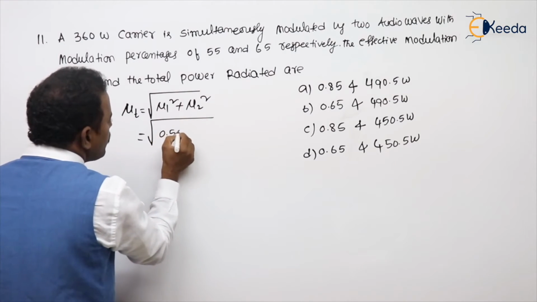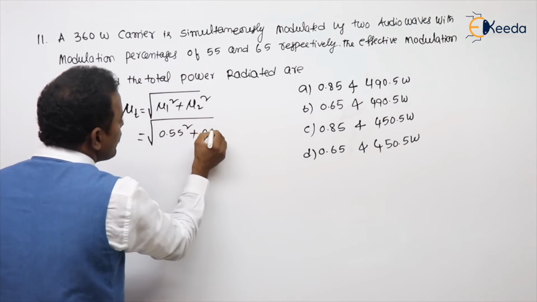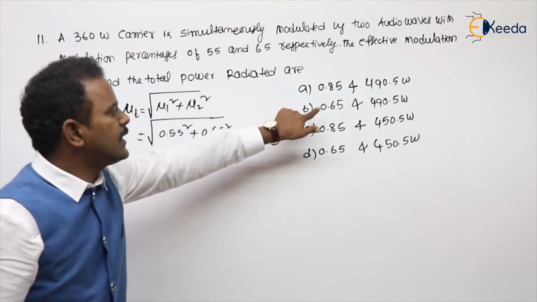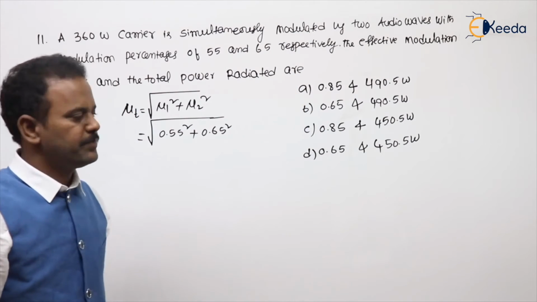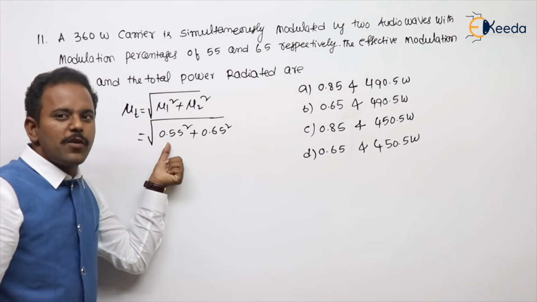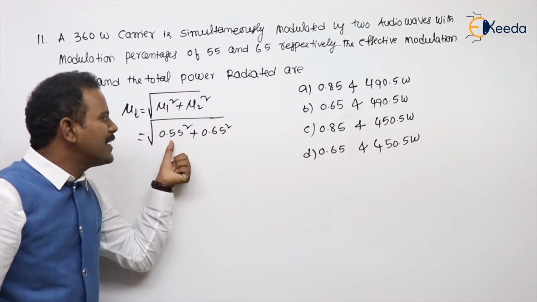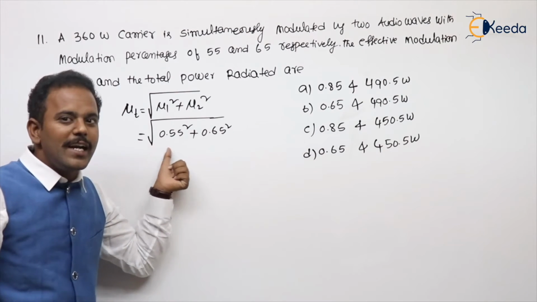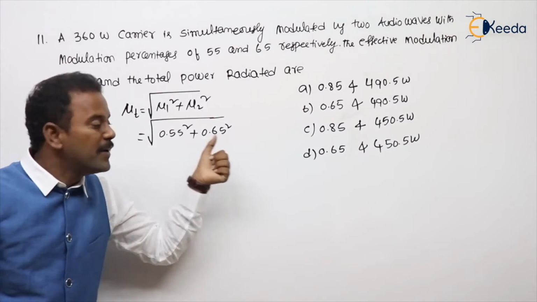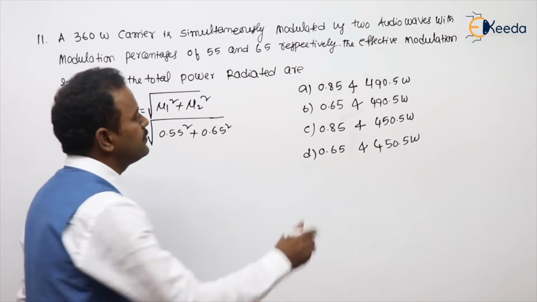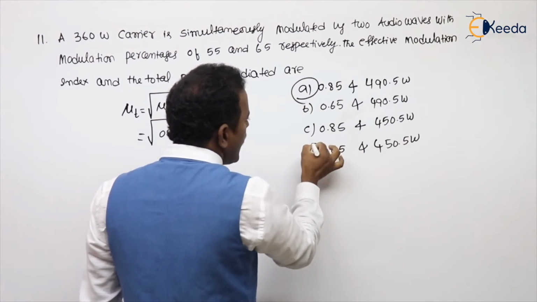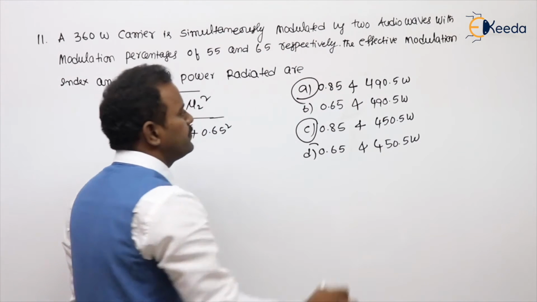This is 0.55 whole squared, because percentage is given, plus 0.65 whole squared. If we see the options, either 65 or 85. If the first value were 0, 0.65 would come, but here some value is there. Definitely what are you getting? More than 0.65. Are you getting my point or not? More than 0.65 means 0.85, either this option or this option.